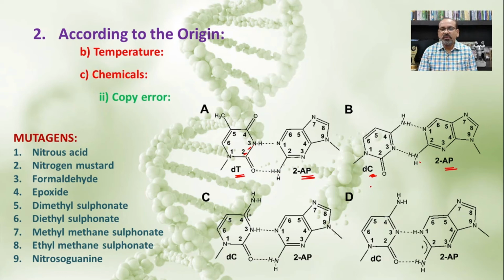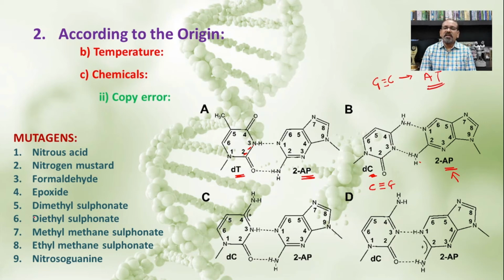Very commonly we know that the cytosine can form three hydrogen bonds with the guanine. So if there is an addition of the aminopurine instead of the guanine, automatically later on in the next replication, this GC pair will be replaced by the AT pair.